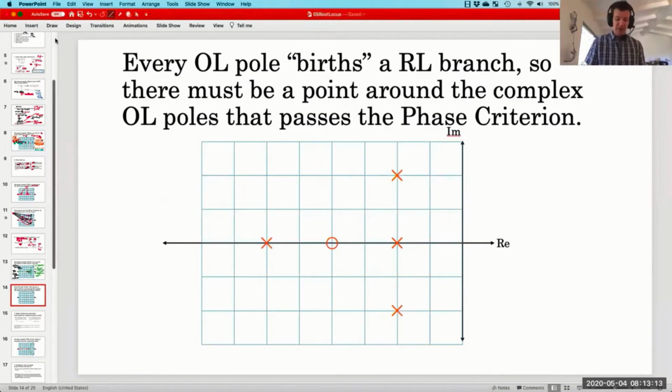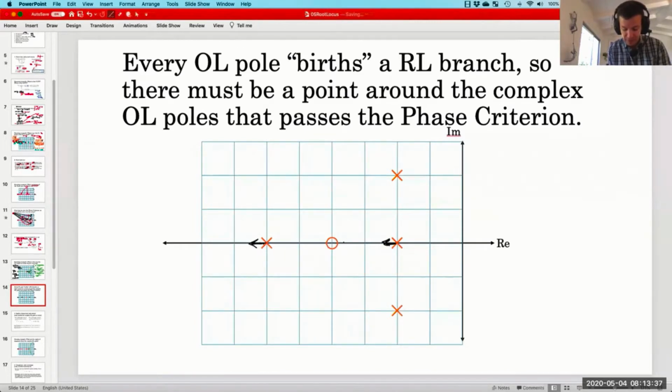So we've seen that every open loop pole, I think a reasonable analogy is, gives birth to or emanates a root locus branch. And so far, the only ones that we have been able to determine what that birth looks like is this open loop pole sends a closed loop pole that way, and this open loop pole sends a closed loop pole that way.